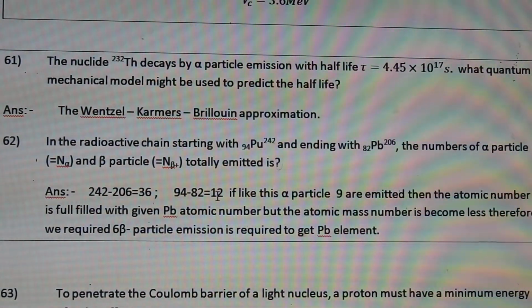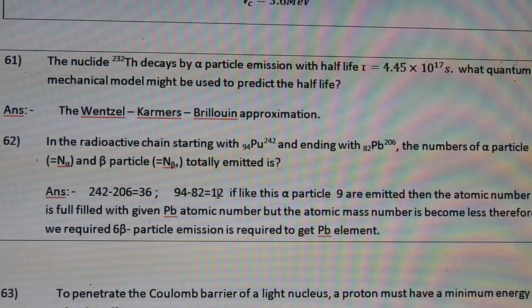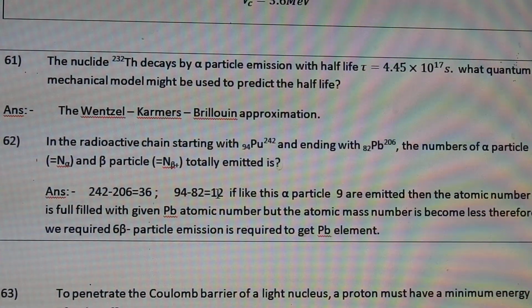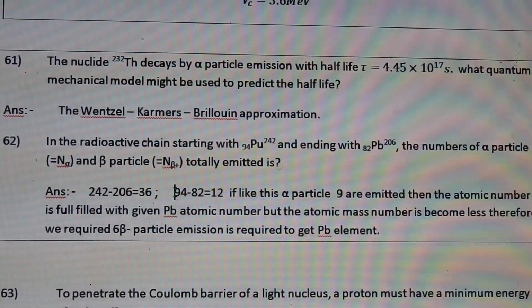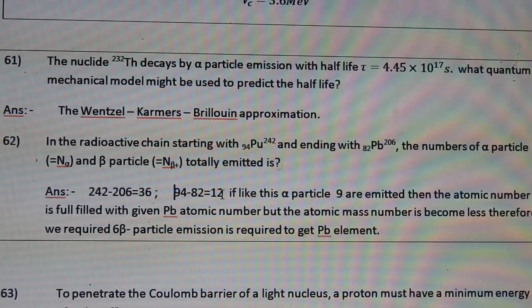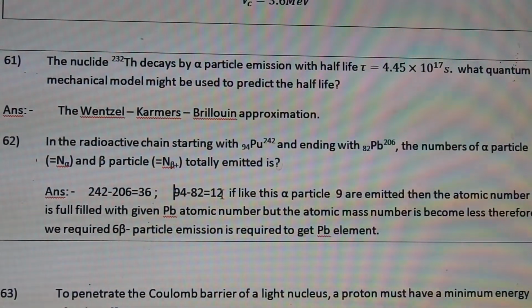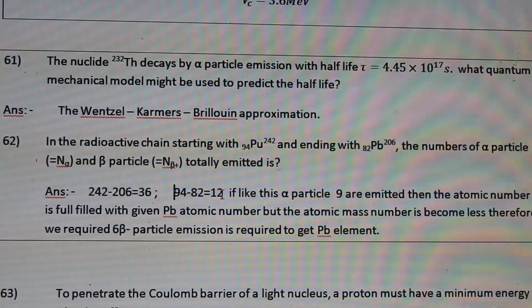So this 12 number is coming now. 12 means a minimum of only 6 alpha particles are required, but 9 alpha particles, 3 extra alpha particles are coming.